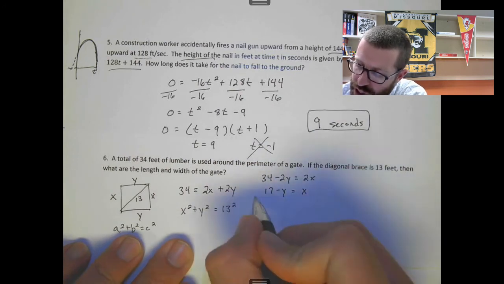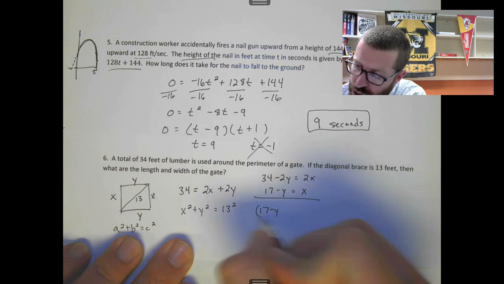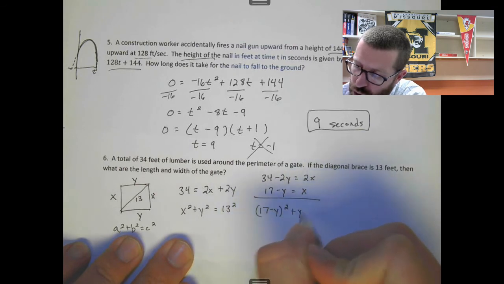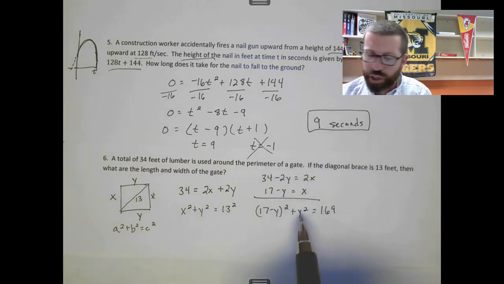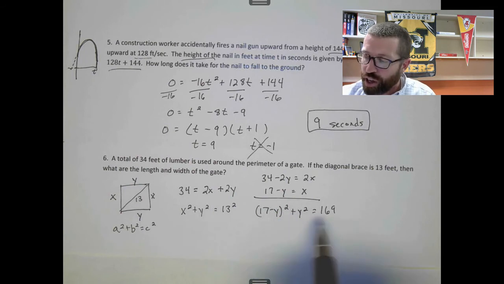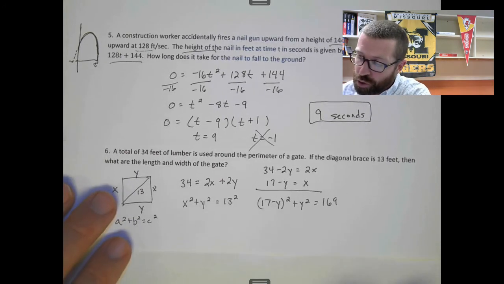So (17 minus y) squared plus y squared is equal to 169, which is what 13 squared is. So now you have an equation that you can solve for y. You might want to pause here and make sure you can follow that and give yourself time to catch up and think a little bit.